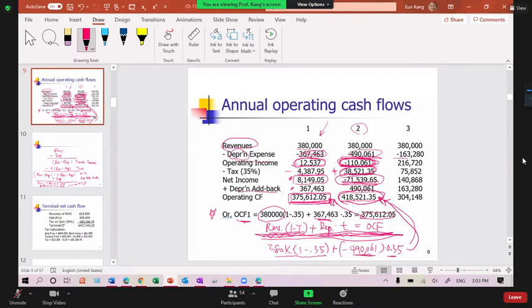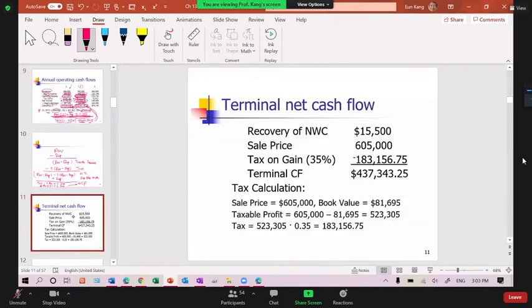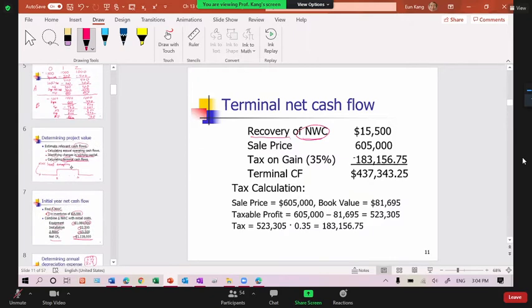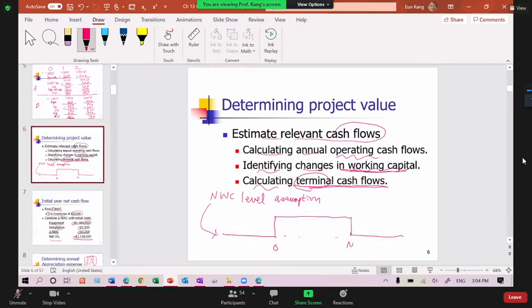So far so good. But many people miss this part, terminal net cash flow, because in the terminal net cash flow you have some additional cash flows. The first thing is recovery of net working capital. As I said, the assumption is that the net working capital level goes up at time zero and stays during the life of the project.